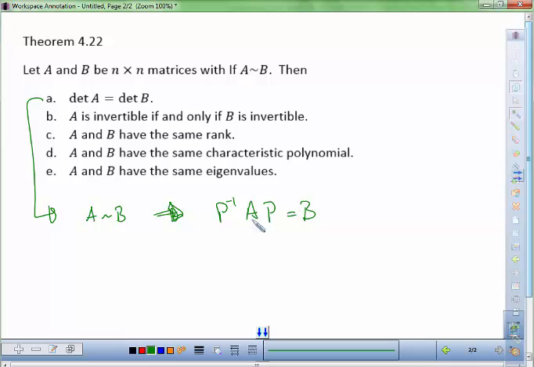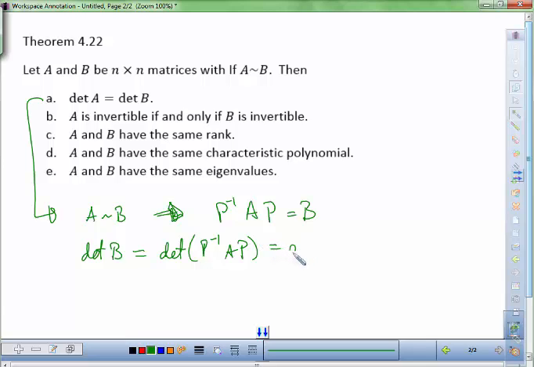So let's see. We're interested in finding the determinant of B, given that we know the determinant of A. So the determinant of B is equal to the determinant of P inverse A P. But then there is a rule about determinants saying the determinant of a product of matrices is the determinants of each of those matrices multiplied together.